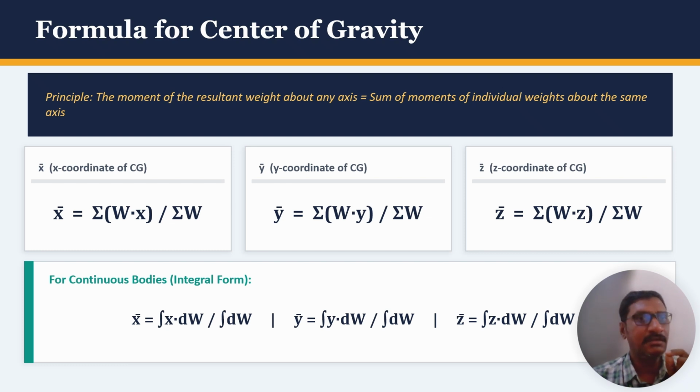Secondly, the formula works for any shape, no matter how complex, as long as you can break it into parts whose centroids you know. And third, for cutouts or holes, you use a negative area. We will see this in the composite body method in the next slide. This formula is the backbone of all centroid and CG calculations, so master it completely.